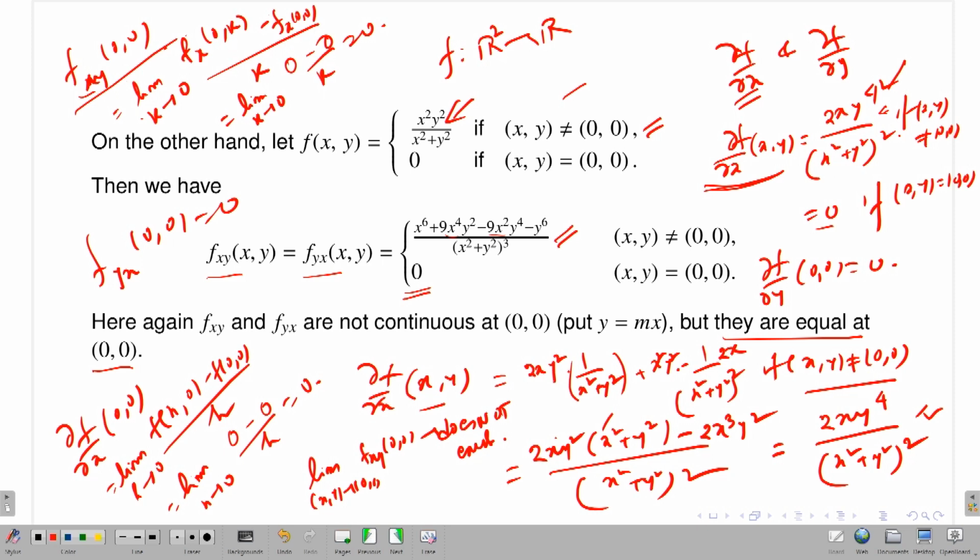Therefore, you can conclude that the limit of fxy or fyx at the point (0,0) does not exist, and therefore the function is not continuous. So this example says that I have examples where the mixed partial derivatives exist at every point, but the mixed partial derivatives are not continuous. However, the values of the mixed partial derivatives at the point (0,0) are equal.